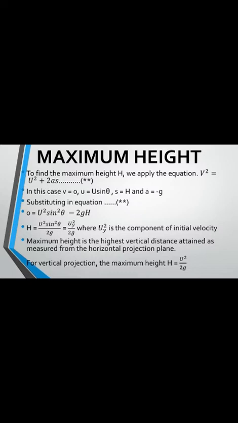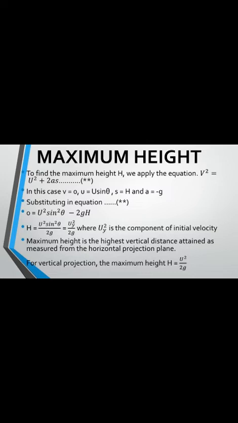And since the vertical component of the velocity is u sine theta, and when a body is moving against gravity, the acceleration due to gravity g is negative. If I substitute all these values into this equation, I'm going to derive the formula: h, that's the maximum height, is equal to u squared sine squared theta all over 2g.